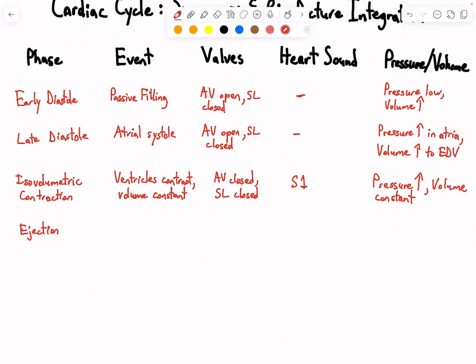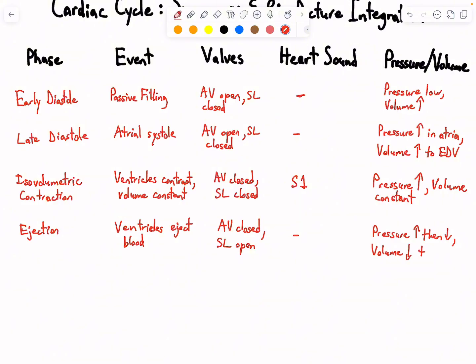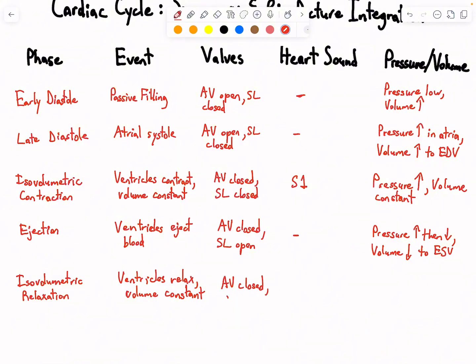During ventricular ejection, the semilunar valves open, AV valves stay closed, blood is pumped out, pressure peaks, then falls, and ventricular volume decreases to end systolic volume. Isovolumetric relaxation follows. Ventricles relax, all valves are closed, volume remains constant, pressure drops, and we hear the second heart sound, S2.